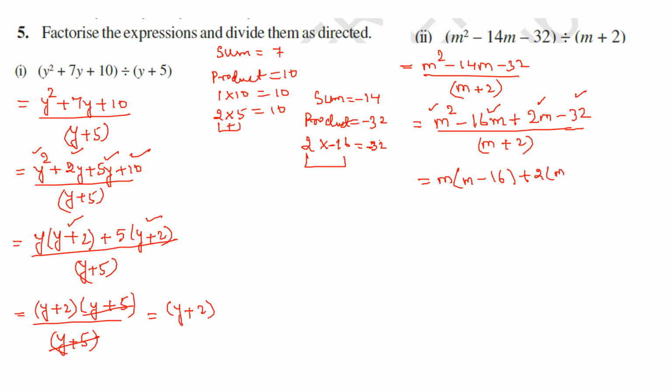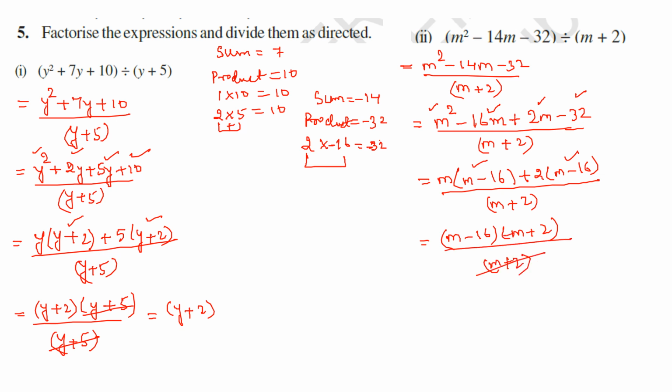So it will be m minus 16 divided by m plus 2. So now again you can see m minus 16 and m minus 16 is present here. So m minus 16 I can take common. So I am left with m plus 2 divided by m plus 2, and I can reduce m plus 2. So I am left with m minus 16.